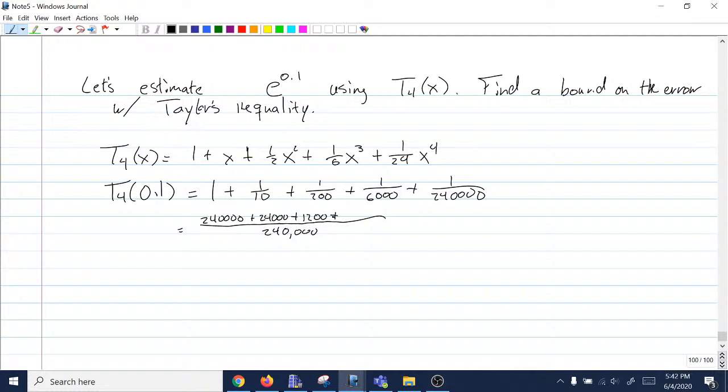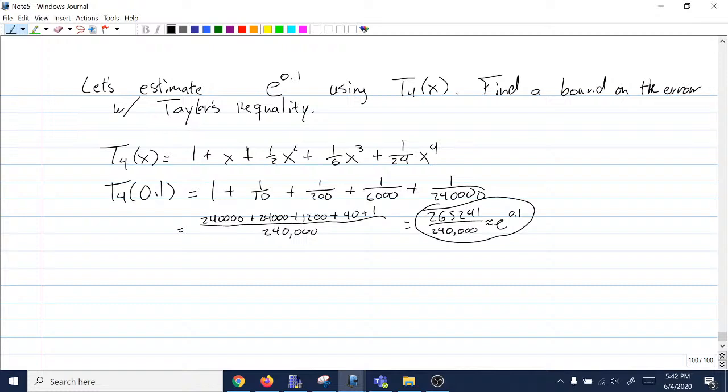Multiplying by 4 will give me 24,000. I need to multiply by 40 plus 1. So I'm getting 265,241. I'm not going to try and see if that reduces. I think e to the 0.1 is about this.